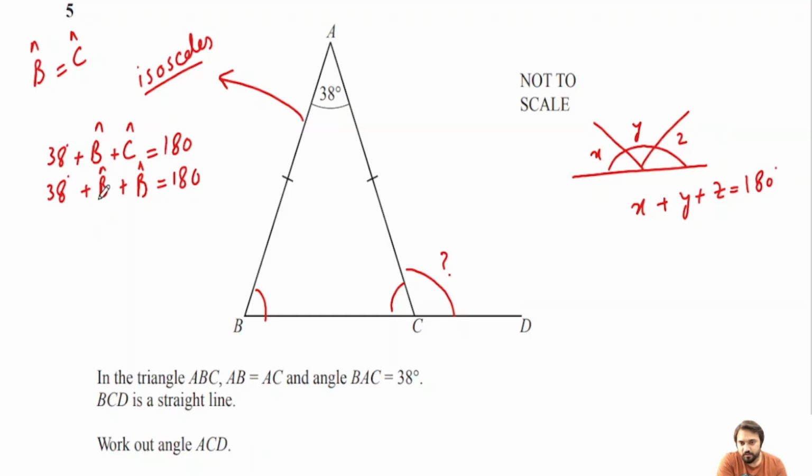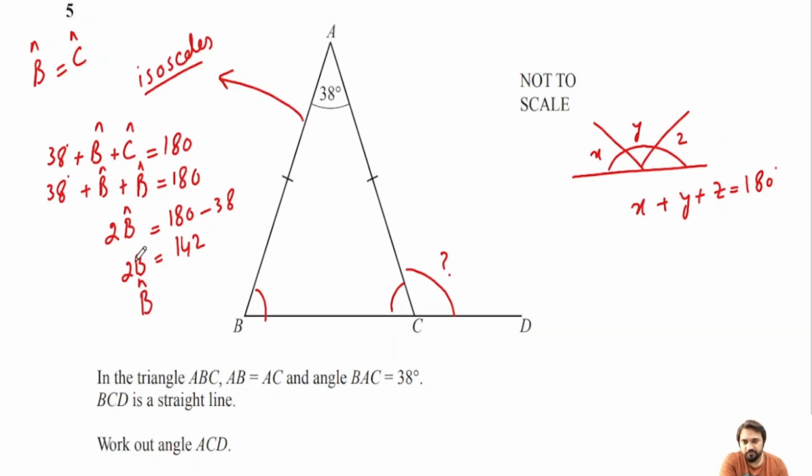Now B plus B makes 2B. And we are moving this 38; when we bring it here, it's going to be subtract. So 180 minus 38, you have the calculator, that's going to be 142. So 2B is equal to 142.